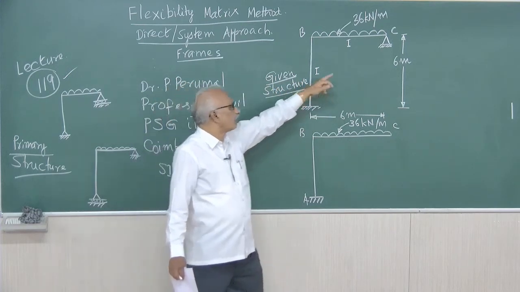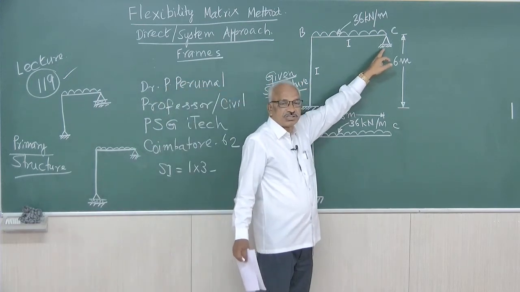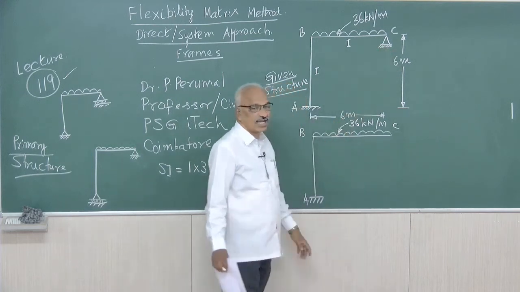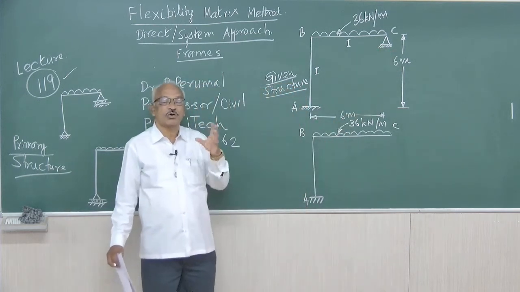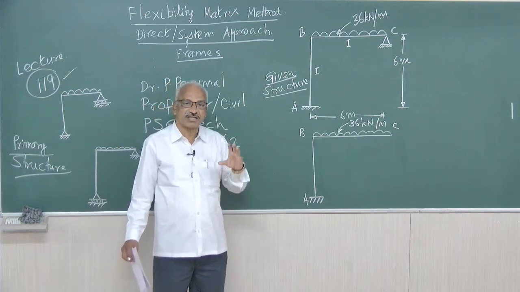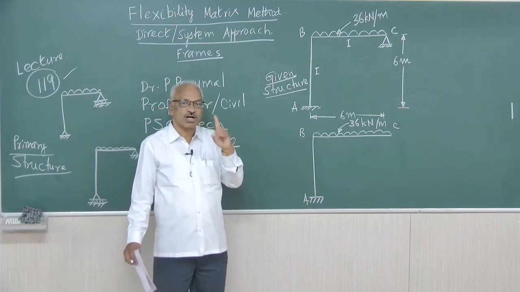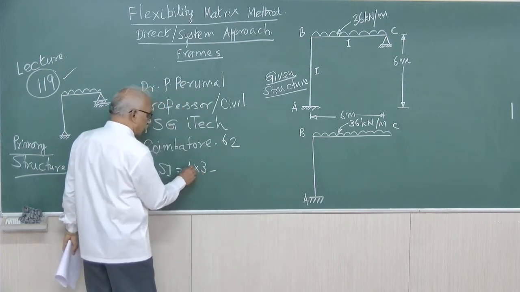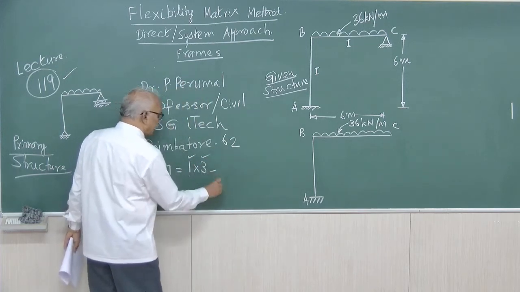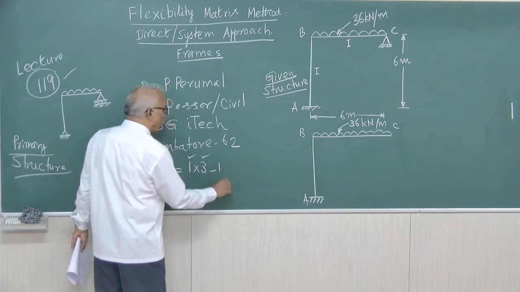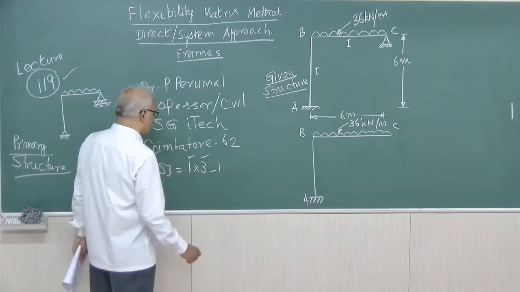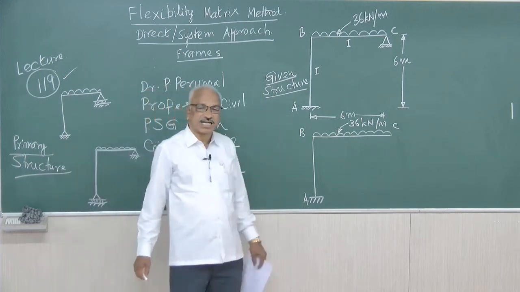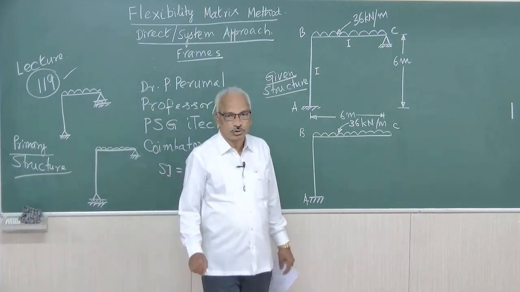Coming to C, the support can only rotate. There is a rotational degree of freedom, or there is one release. Therefore, 1 into 3, number of closed loops into 3, minus number of releases, which is 1, is equal to 2. So, the structure is statically indeterminate to 2 degrees.